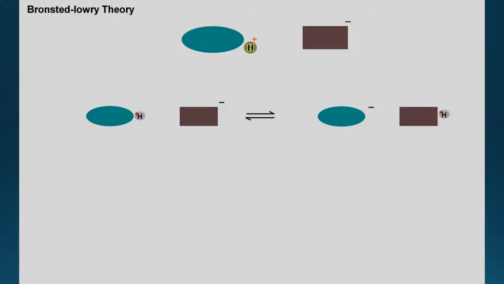Brønsted-Lowry theory is very common for all weak acids. As you see in this example, this acid will easily donate its H+ ion to its partner. But once they donate the H+ ion, they also tend to take it back. So a weak acid can donate and accept an H+ ion at the same time.